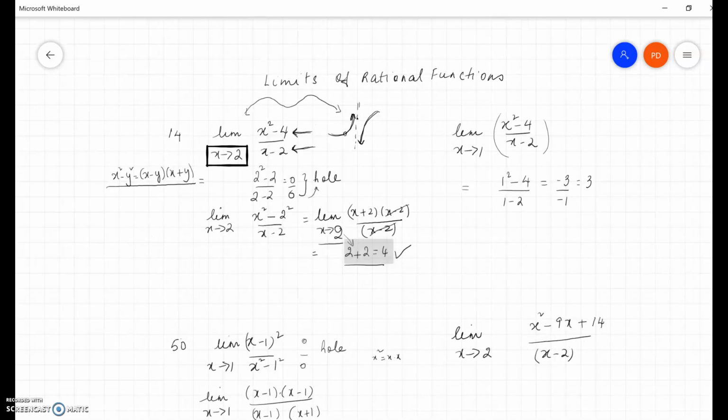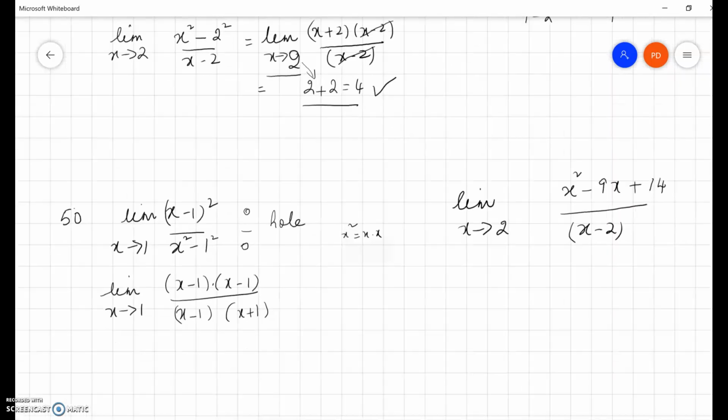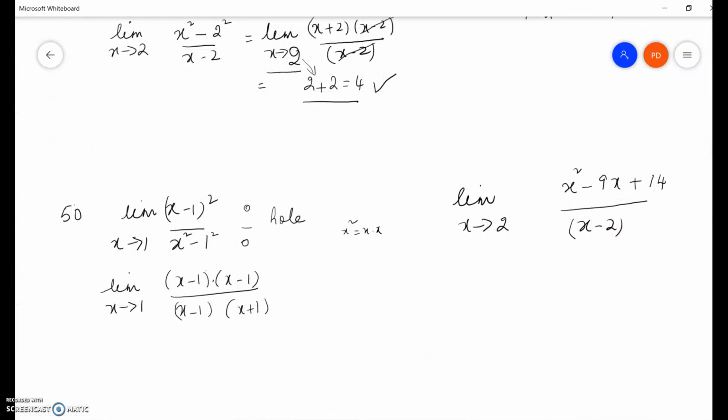So once we've factored it, the good thing is that the x minus 1, which was really the factor that was causing the 0 in the numerator and the 0 in the denominator, gets cancelled. Now at least we don't have a 0 in the denominator, which means we can plug in 1.